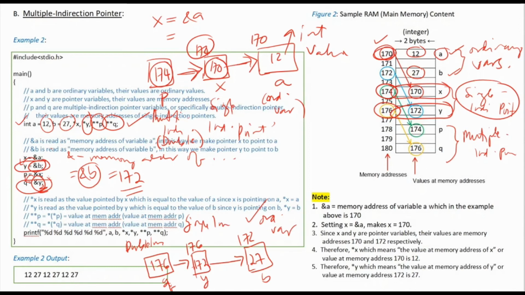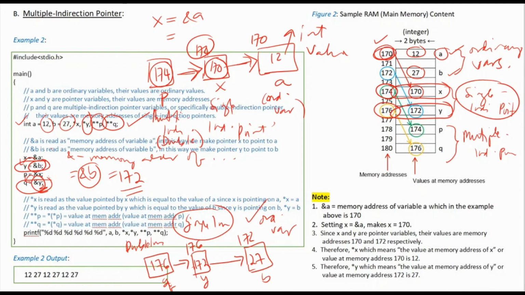So what type of pointer can point to an ordinary variable? It is the single indirection pointer. The double indirection pointer, you cannot set it to point to an ordinary variable because that would violate the principle behind using pointers.